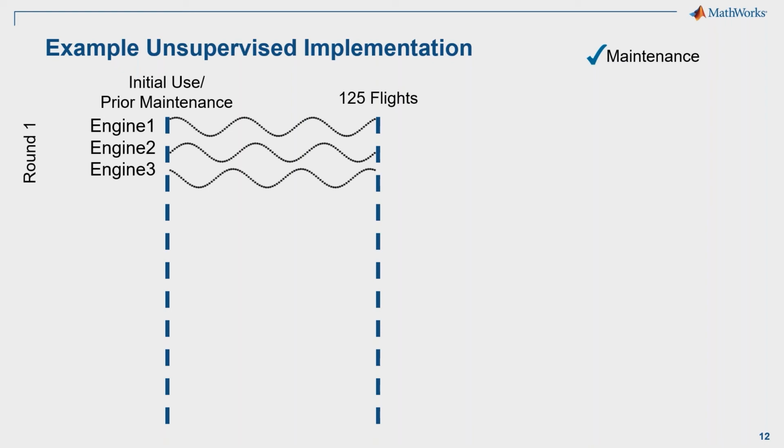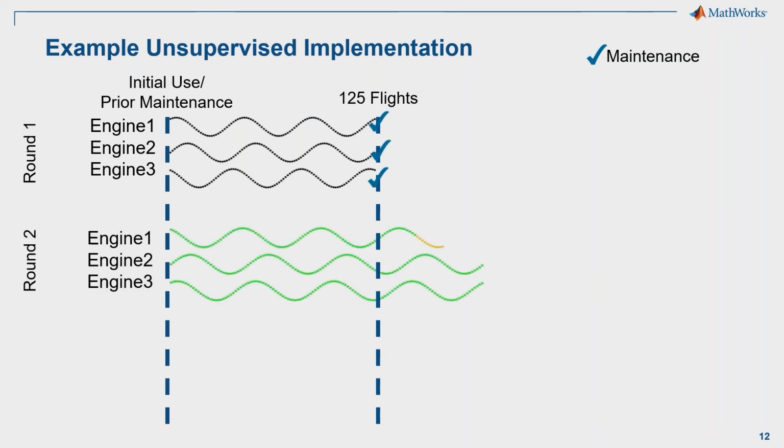But now that we have this condition monitoring system, we can say push it out farther. Let's push it out to 135 flights. If it's in the orange for say 3 flights here, we'll bring it down. Otherwise, we'll bring it down when it gets to 135.